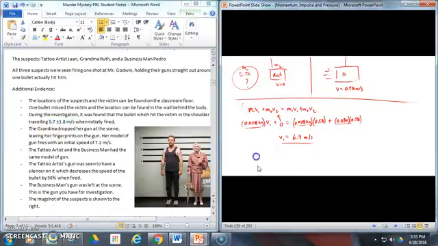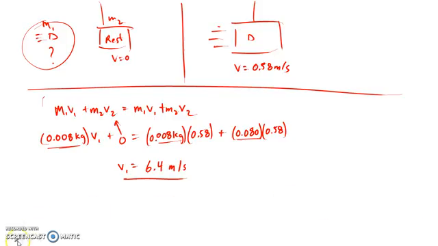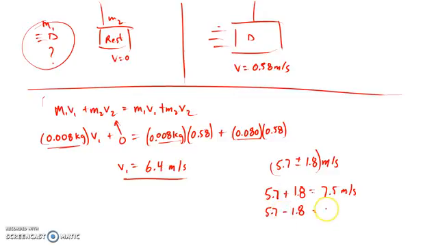Well, that means the fastest it could have been going is 5.7 plus 1.8, and the slowest it could have been going is 5.7 minus 1.8. So 5.7 plus 1.8 would be 7.5 meters per second, and the slowest it could have been going is 3.9 meters per second. So this bullet falls within that range.